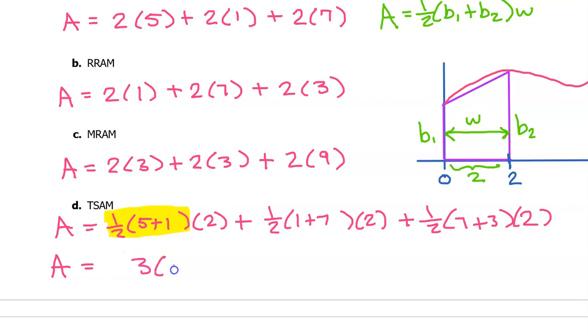So this will become 3 times 2. All right, and then over here, 1 plus 7, that's 8, divided by 2 is 4. So we have 4 times 2. And then over here, 7 plus 3 is 10, divided by 2 is 5. So we have 5 times 2. So very often you will see it written this way.